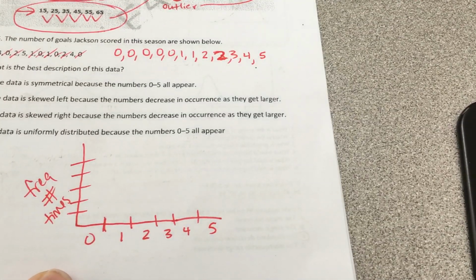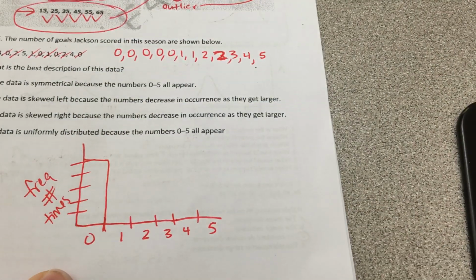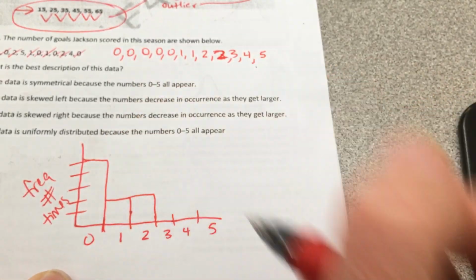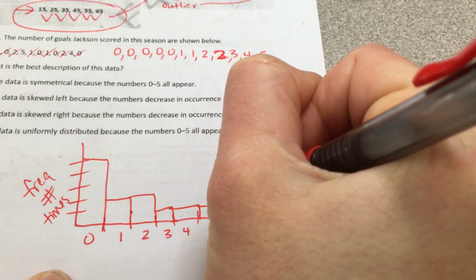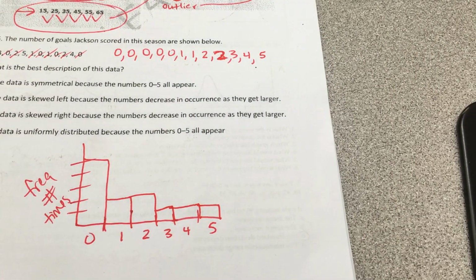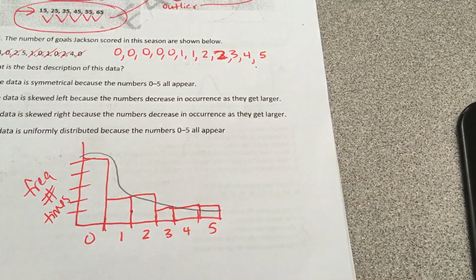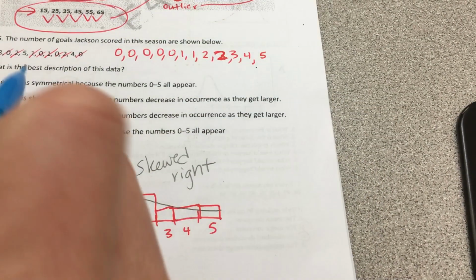So how many zeros do I have? 1, 2, 3, 4, 5. How many ones do I have? 2. How many 2s? Okay. How many 3s? And 4 and 5, 1. If you drew this, what do you see now? Skewed right.